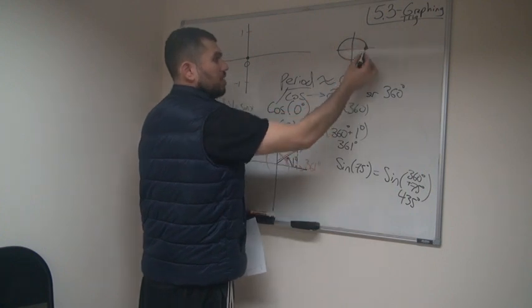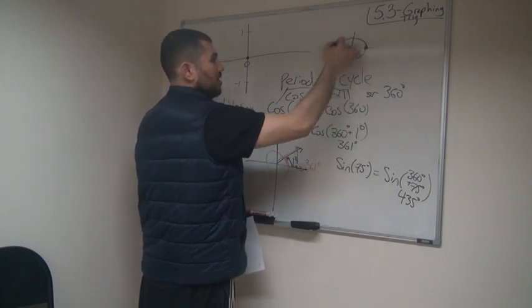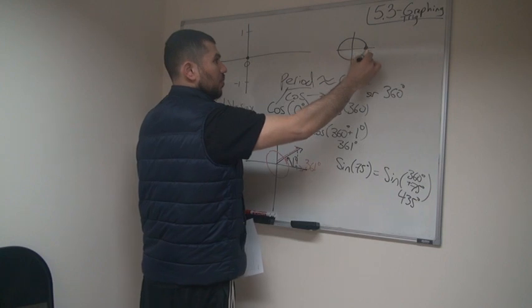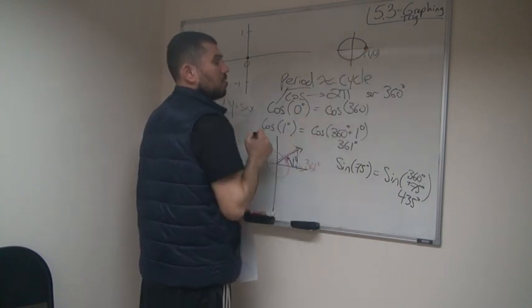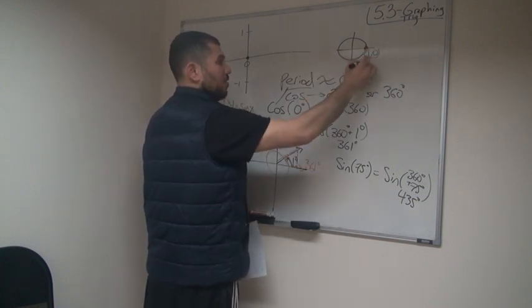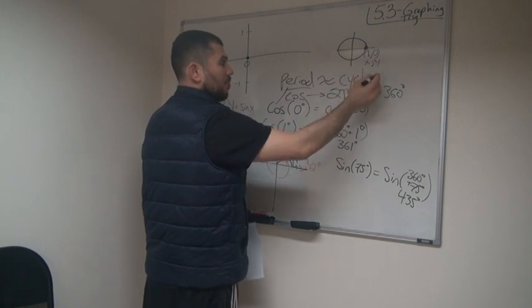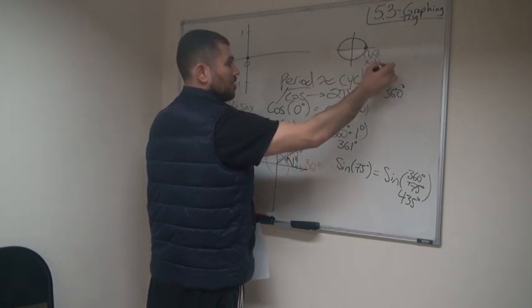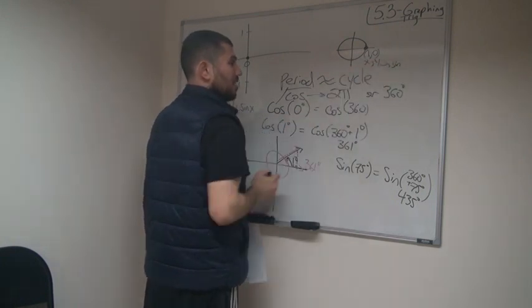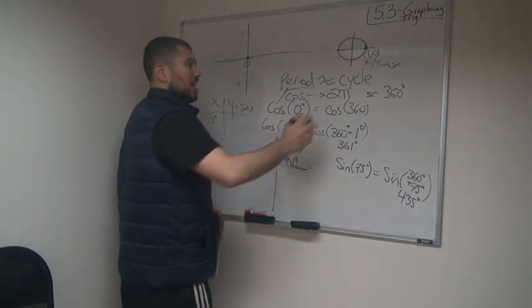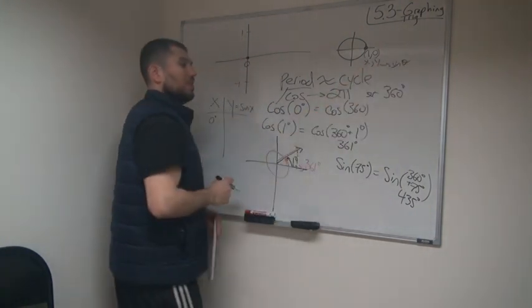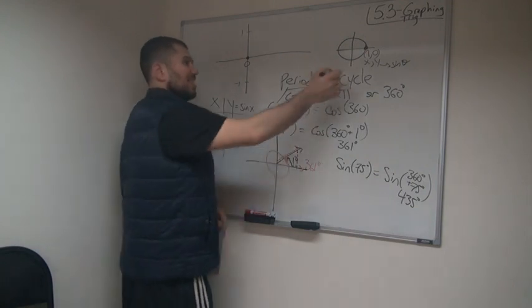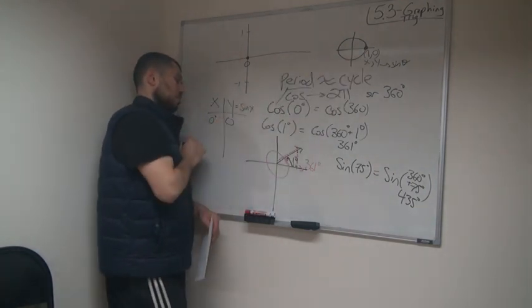At 0 degrees, the point on the circle is 1, 0. The x value of the point, comma, the y value of the point, and the y value of the point is related to the sine of theta. So at 0 degrees, the sine of 0 is 0.